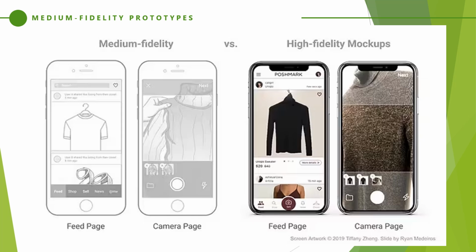And these high fidelity prototypes are usually created using the same tools or the programming language that's used in the final development product. But for a medium fidelity prototype, these are going to be more detailed than, say, the low fidelity prototype, but not as much detail as the high fidelity prototype.